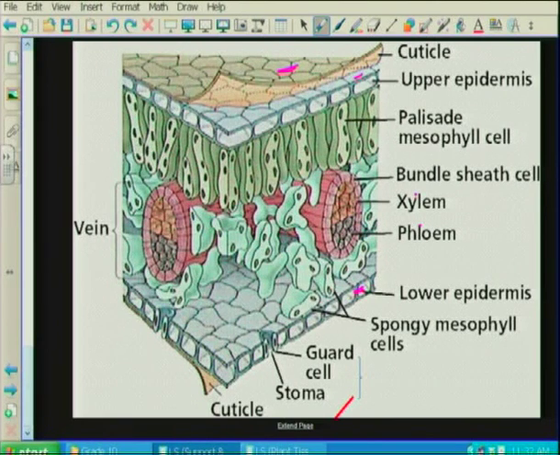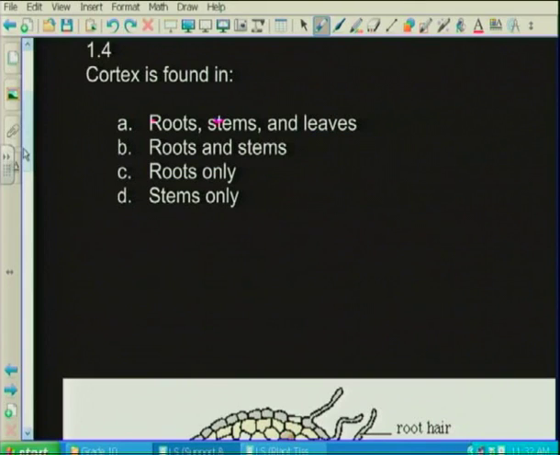Then the mesophyll cells, the palisade mesophyll cells. So in your leaf, you can see there's no cortex. So the correct answer here would be the roots and the stems. The cortex is found in the roots and the stems.